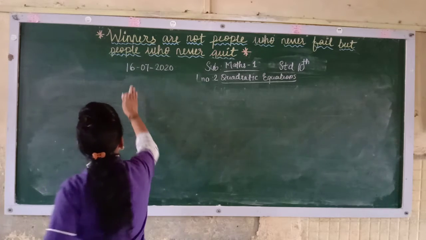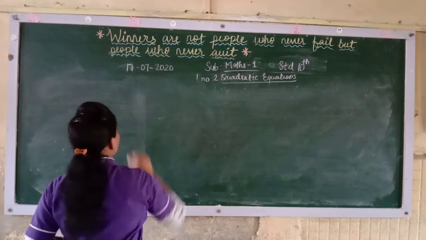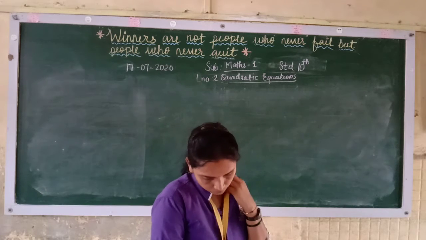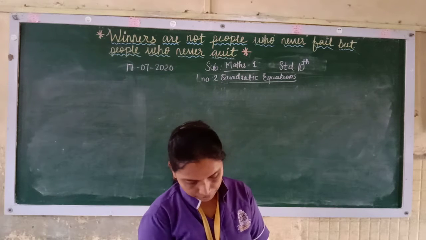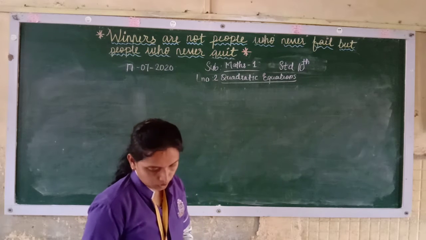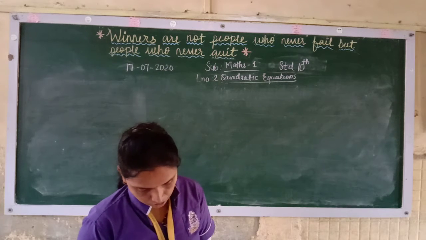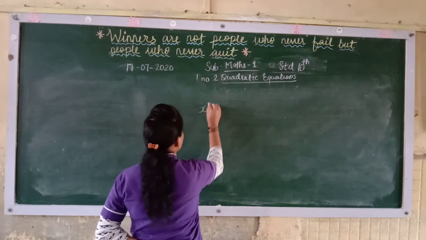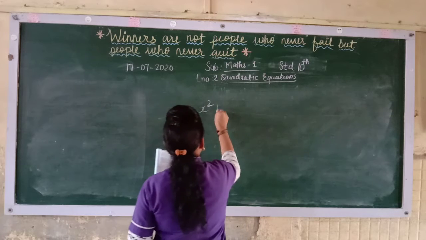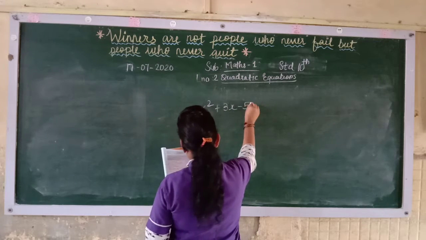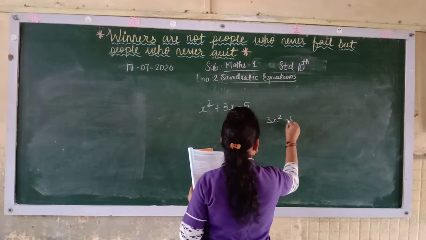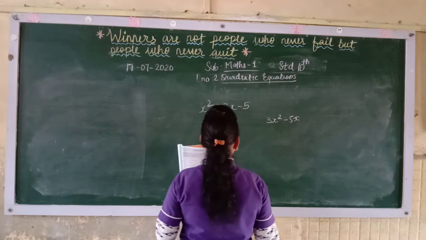Now if we see further, how to find out the coefficients. Here we have x square plus 3x minus 5.